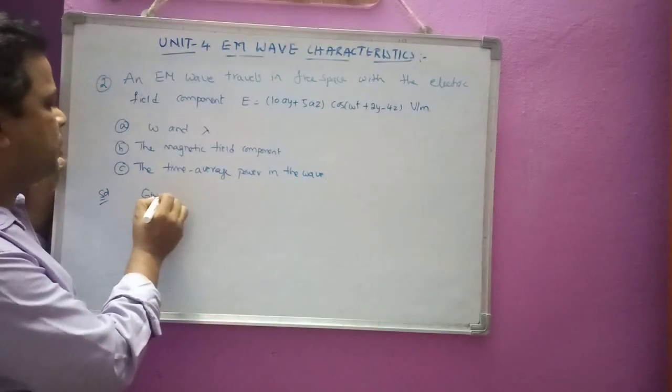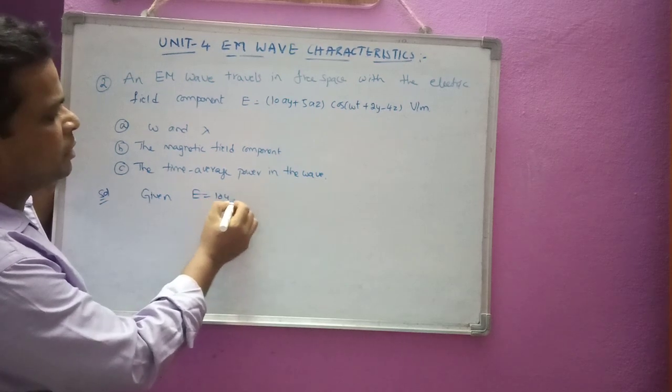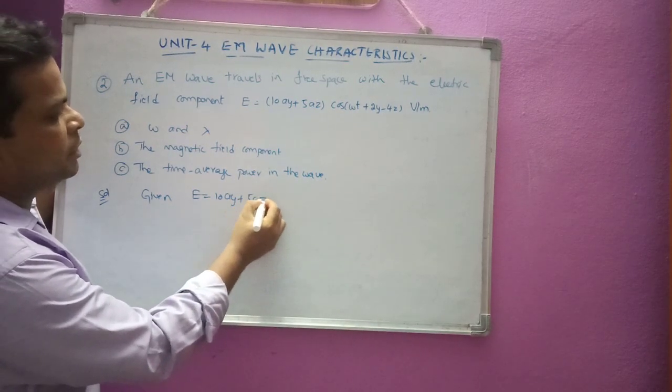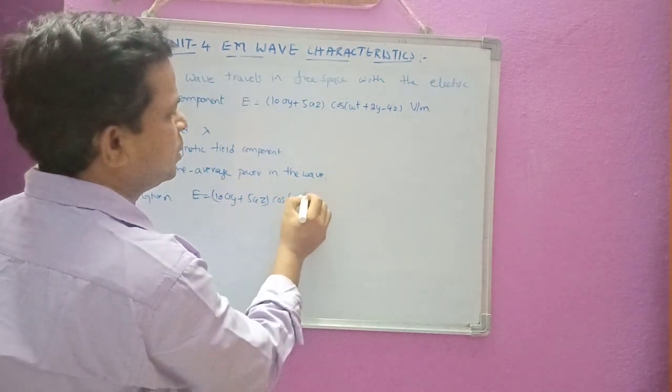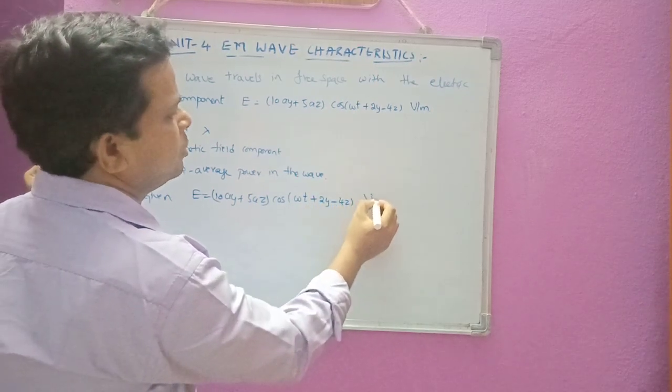Given the electric field component, E is equal to 10 AY plus 5 AZ into cos of omega t plus 2y minus 4z volts per meter.